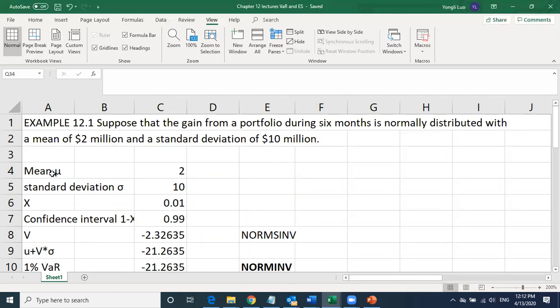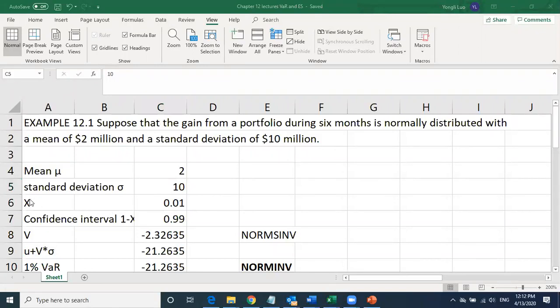So first we know that this is going to be the mean, the average gains. And the standard deviation is 10 million.